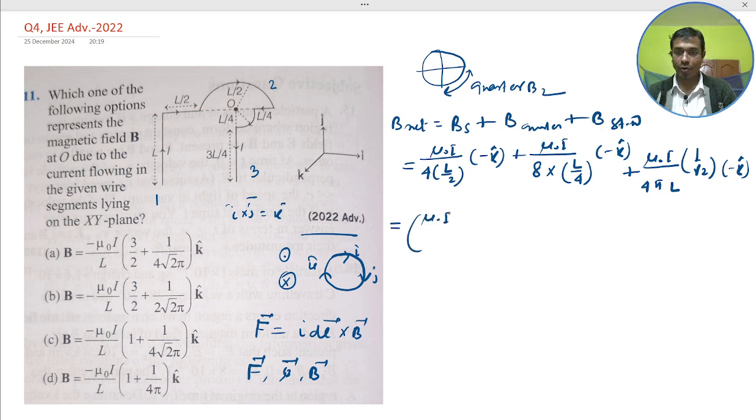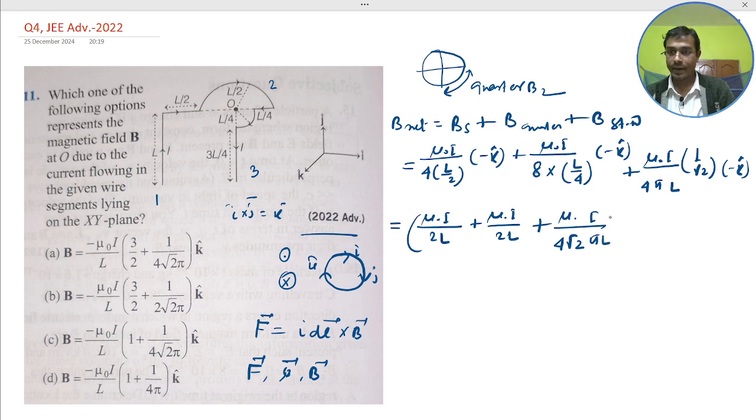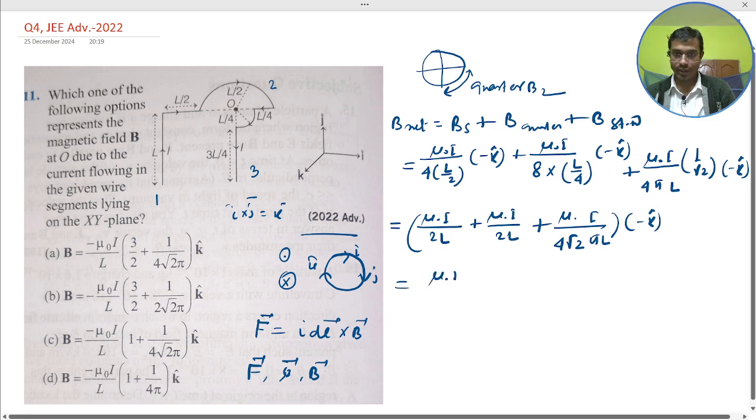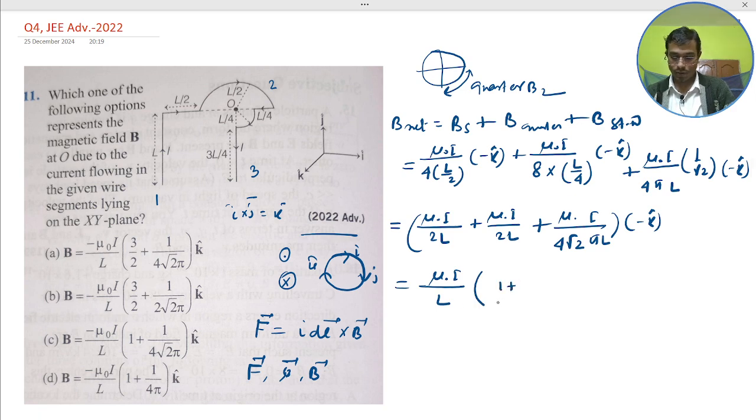So mu naught I by 2L plus mu naught I by 2L plus mu naught I, this would become 4 root 2 pi L, and the direction is minus k. So after solving you get mu naught I by L times 1 plus 1 by 4 root 2 pi, direction minus k cap.